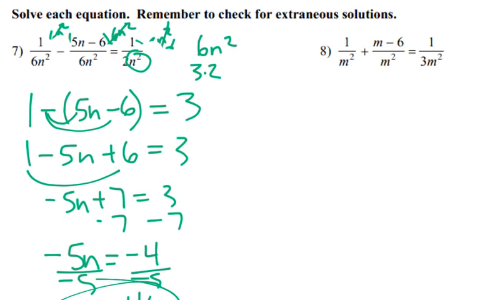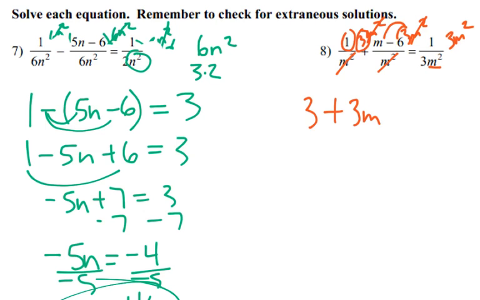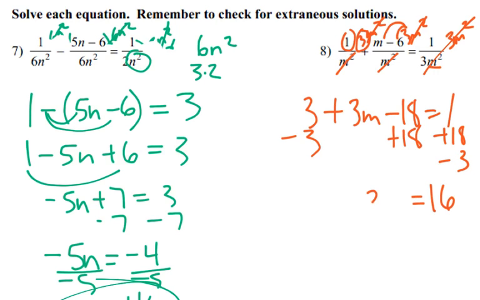Okay, so now we look at number 8. So I know I'm multiplying by m squared on everything, and I'm multiplying by a 3. So 3m squared. So the m squareds cancel. 3 times 1 gives us 3, plus m squareds cancel. 3 times m, 3m. 3 times negative 6, negative 18 equals 1. So if I added 18 and subtracted 3, we would get 16 equals 3m.